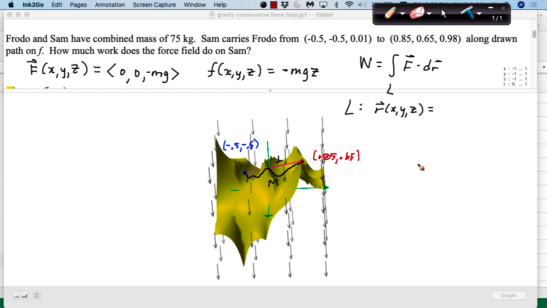Okay, remember how to parameterize? We have a straight line segment from the blue point to the red point, and I want to parameterize that.